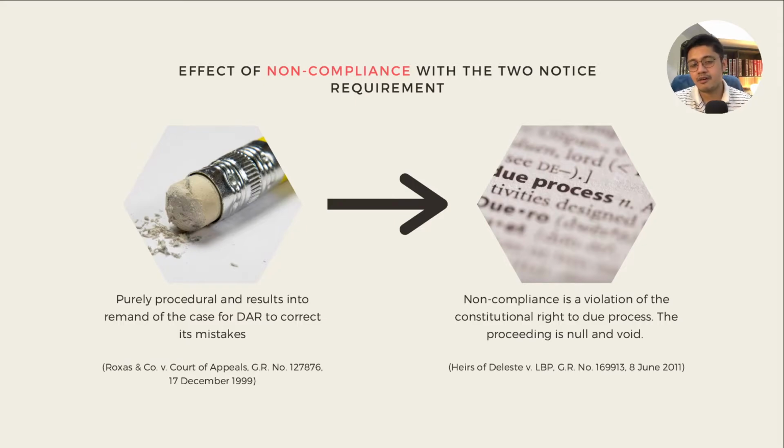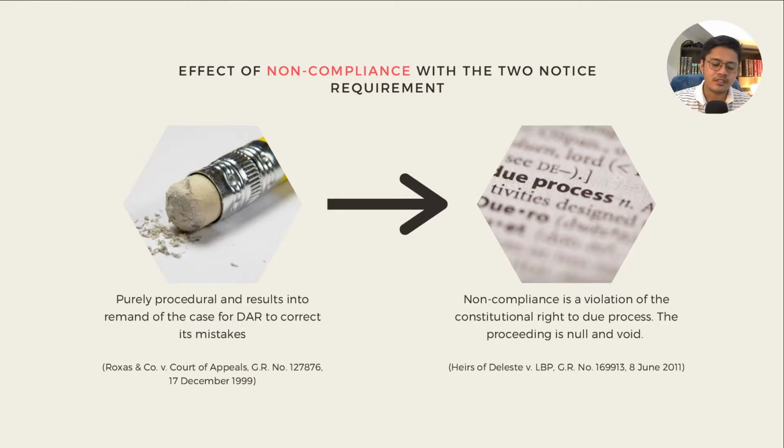The DAR perhaps would just issue a notice of valuation and acquisition without the first notice. All right, or the DAR may give out first notice but there's no second notice, or it may be that there's first notice and second notice, but the second notice is defective, it's incomplete.